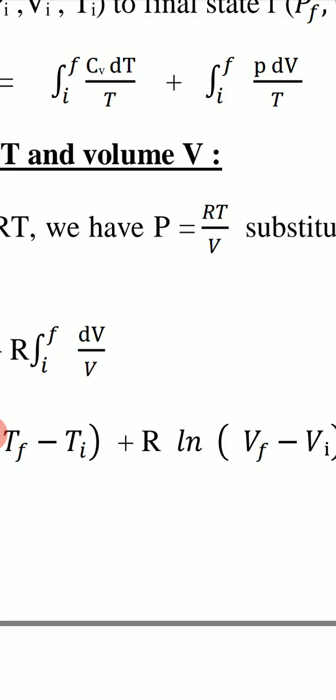Now we have three variables P, V and T, pressure, volume and temperature. If we consider only two from these three, then three combinations are possible: PV, second VT, and third TP.